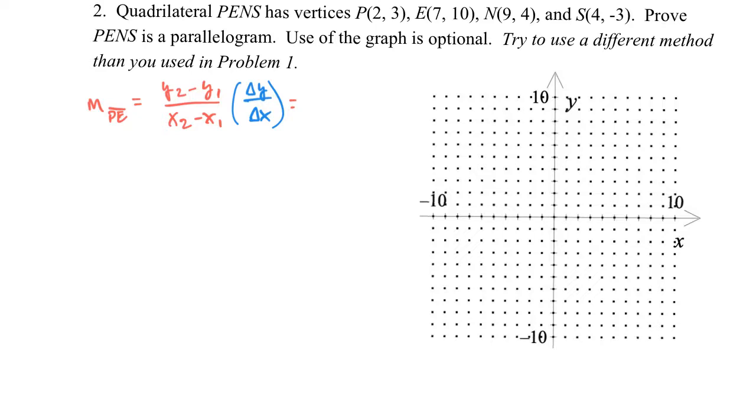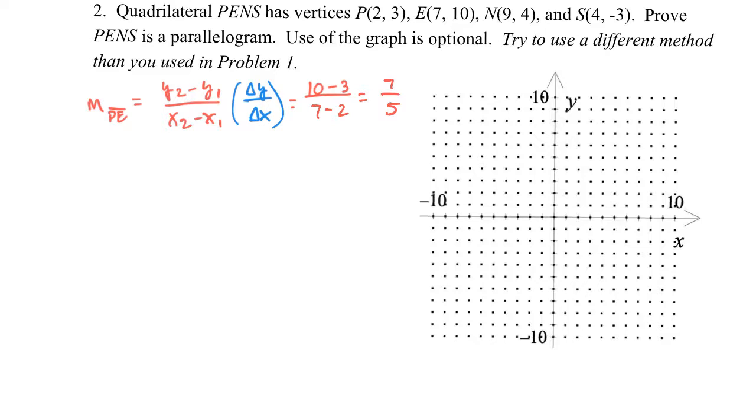Y2 for PE is 10, and I'm subtracting 3. 10 subtract 3 divided by my x2, which is 7, take away 2. This gives me what? 10 minus 3 is 7. 7 minus 2 is 5. So 7/5 is the slope of PE.